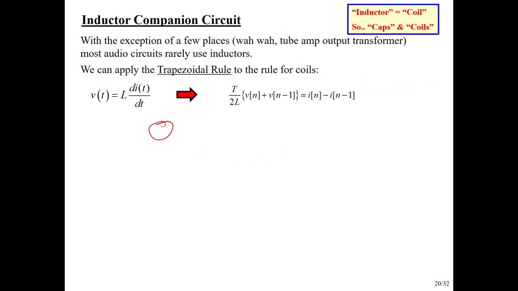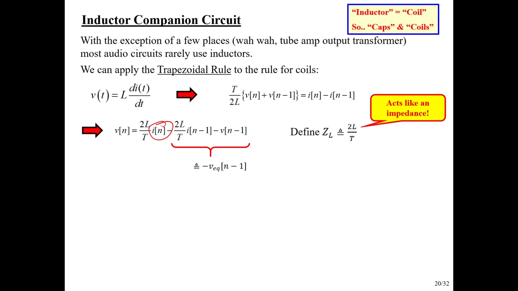So this is more like an impedance. I'm going to define this thing here to be ZL. It's an impedance because impedance times current gives voltage.